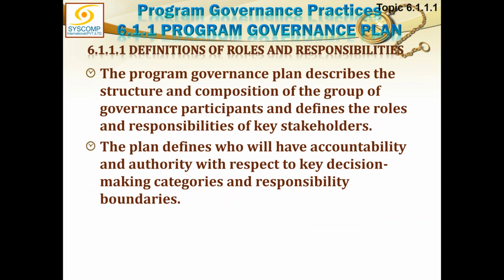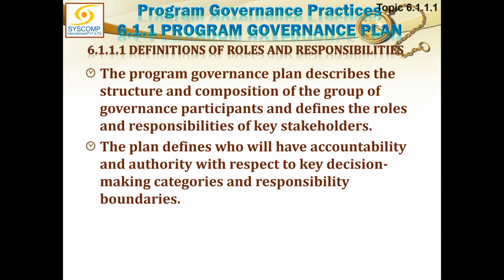Definitions of roles and responsibilities. The program governance plan describes the structure and composition of the group of governance participants and defines the roles and responsibilities of key stakeholders, which we'll be talking about later. The plan defines who will have accountability and authority, like Faryal had been saying, the RASI or RAM, responsibility assignment matrix.